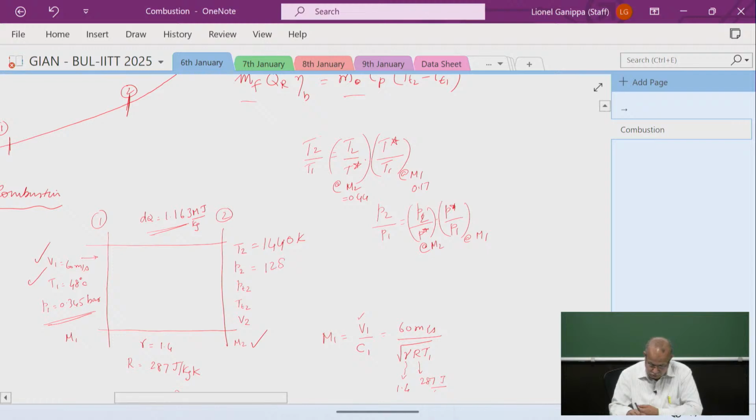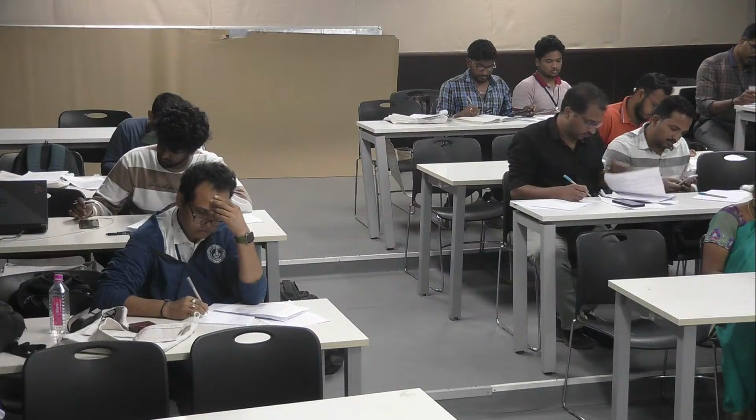What is the value you said? P2 is 0.282 bar. Anybody else got the value for P2? 281, okay.